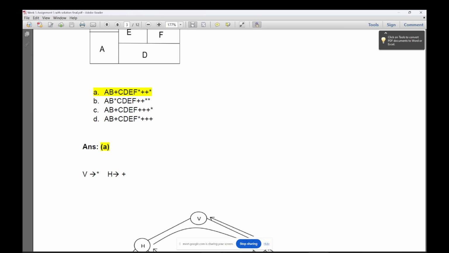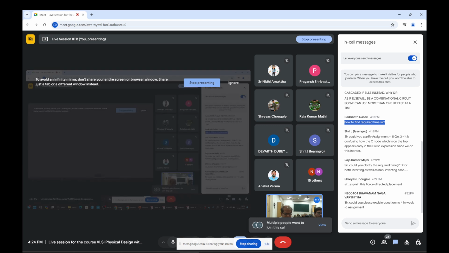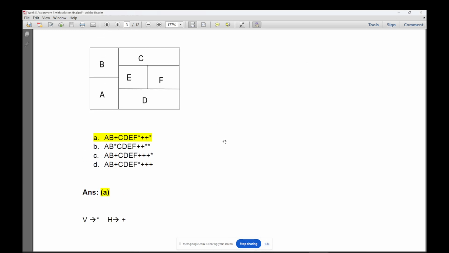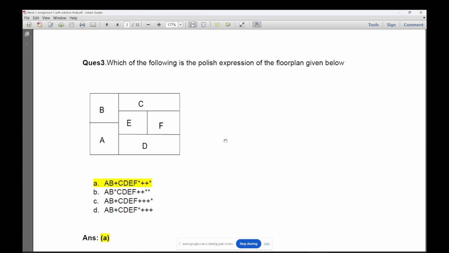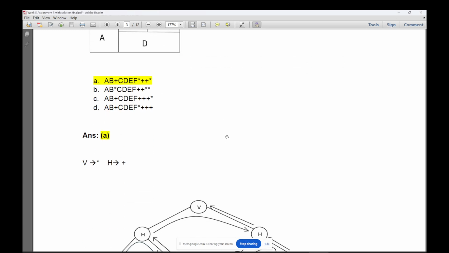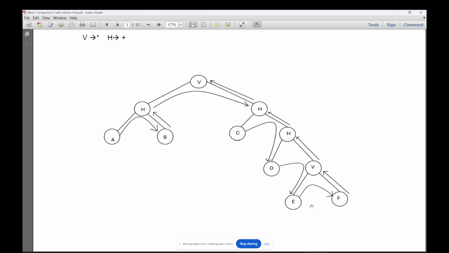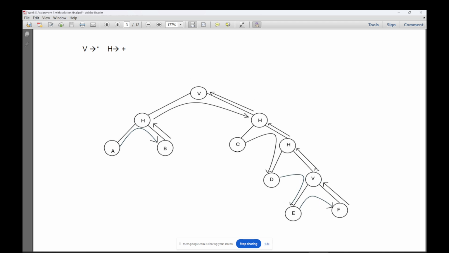So what is the question for this? In order, the polish expression means postfix, no? It should be like E, F and then V star, no? Like this.